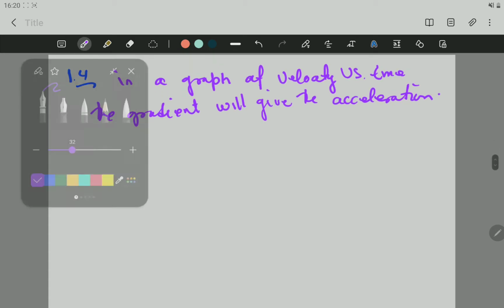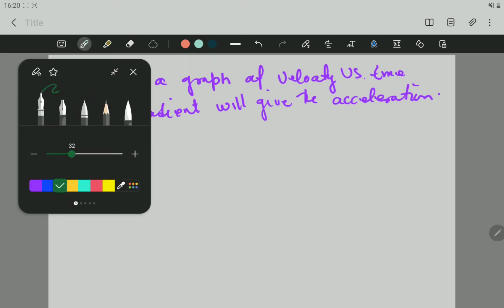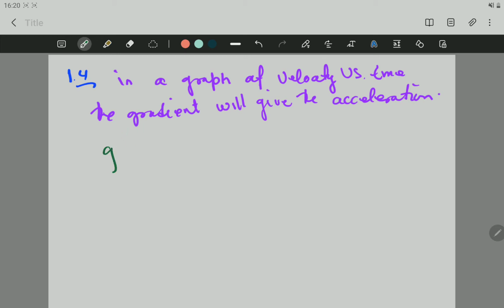From mathematics, you should remember the gradient. The acceleration is equal to the gradient, which is equal to final y minus initial y divided by final x minus initial x. So final y is 10, initial is 0, final x is 1, initial is 0.